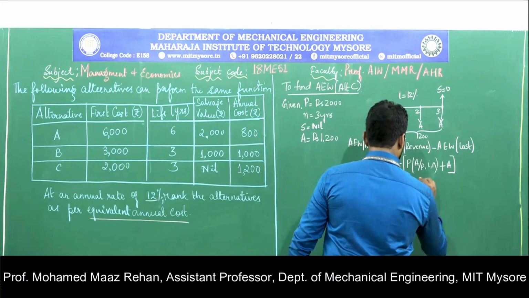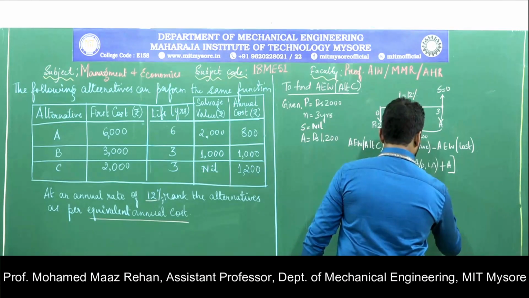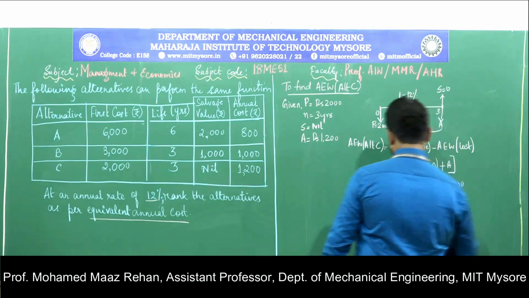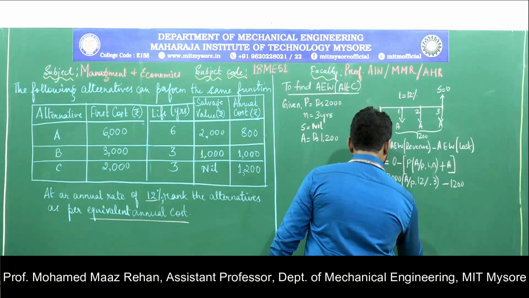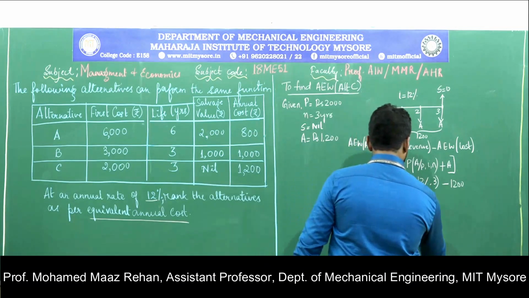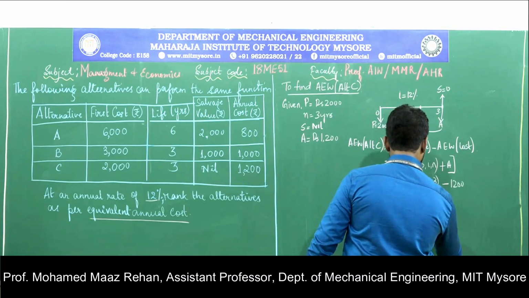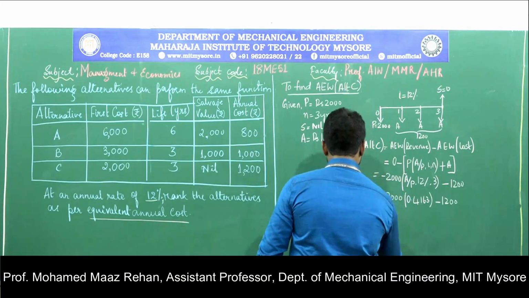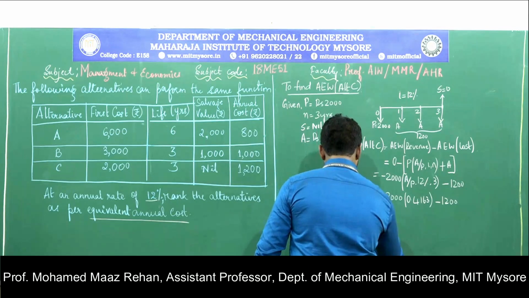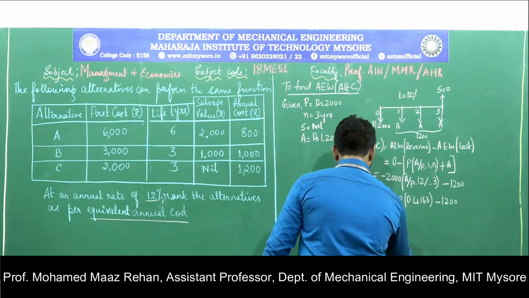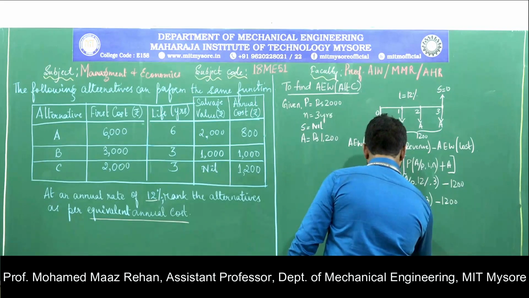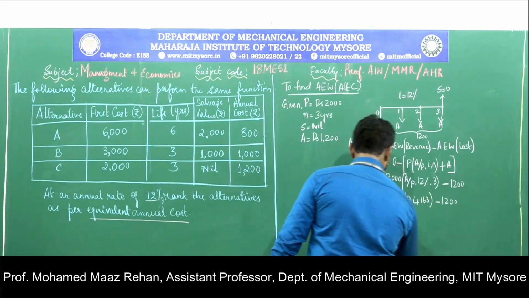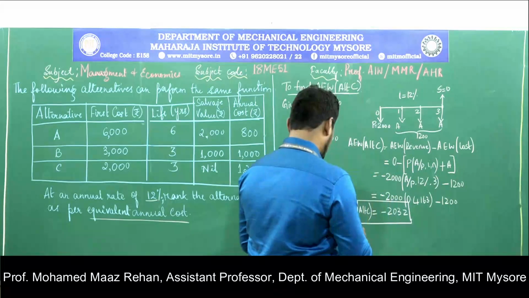A bar P, I 12%, N 3, minus A they have given as 1200. If you find out, minus 2000 into 0.4163 minus 1200, you will get annual equivalent worth for alternative C as minus 2032. So this is the answer we got for alternative C.